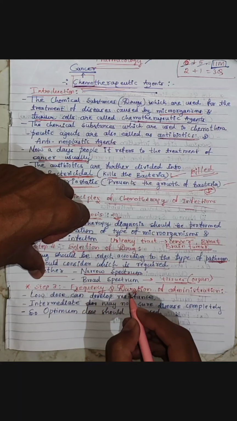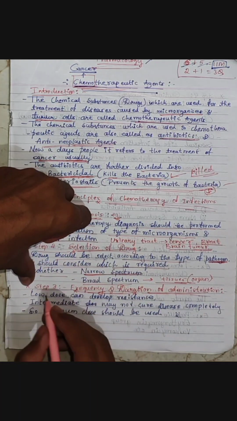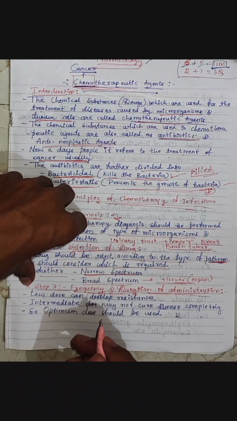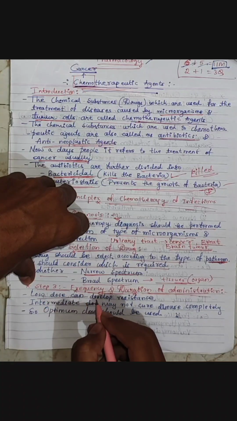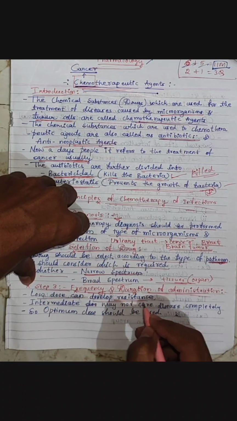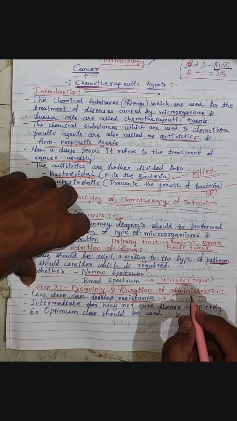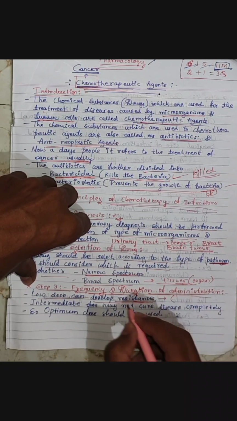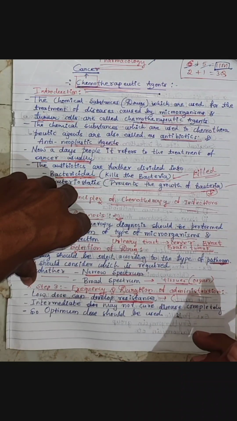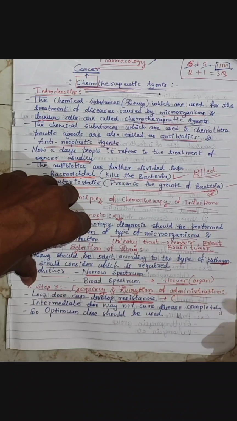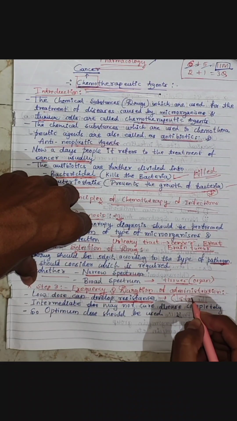Step 3, frequency and duration of administration. How much we have to give the drug to the patient. A low dose can develop resistance, meaning the bacteria will resist the drug and it will create problems for stopping the growth of the bacteria.